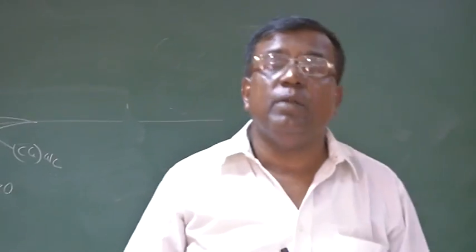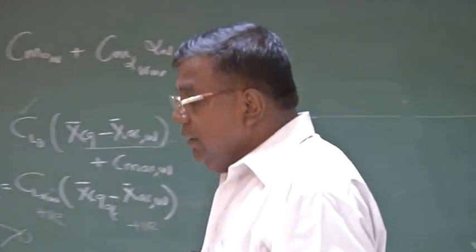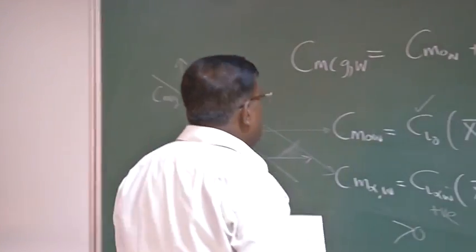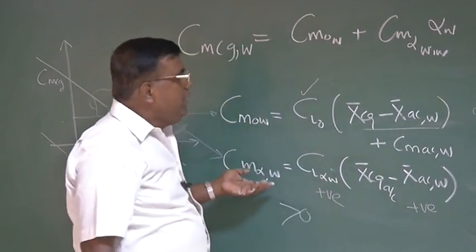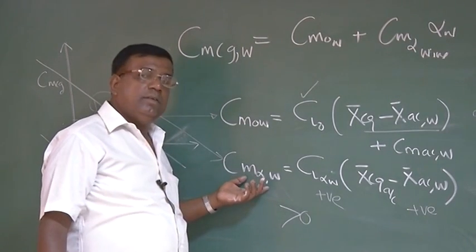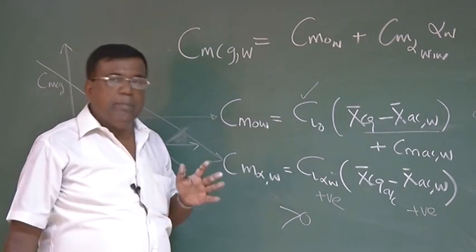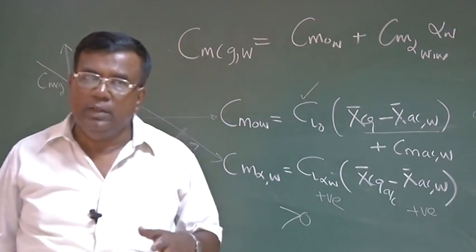So it is towards destability, or the wing is contributing towards unstable static stability. This is the correct statement. Okay? But we don't mind. Because we have told you earlier also, the wing's primary role is to give lift. So whatever positive CM naught it has given, I am happy. Rest will be taken care of by the tail.